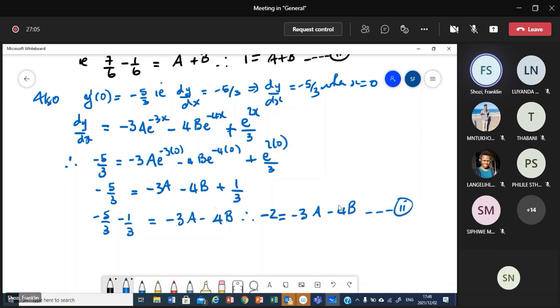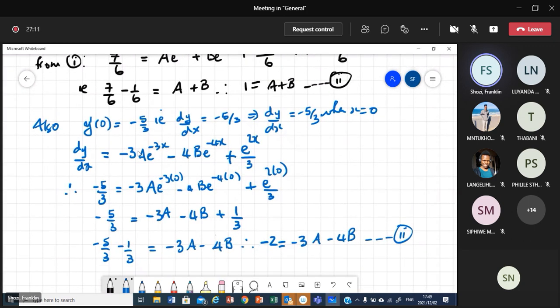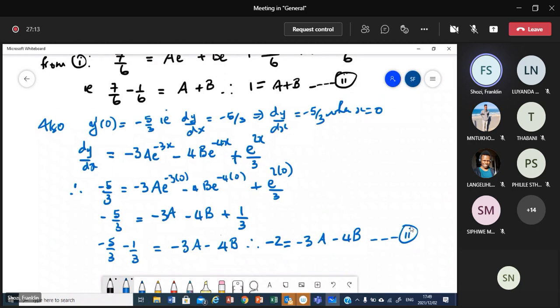This whole thing is minus 3a minus 4b. I call this equation 2. But in equation 1, I can make a the subject of the formula. So from equation 1, a is 1 minus b.